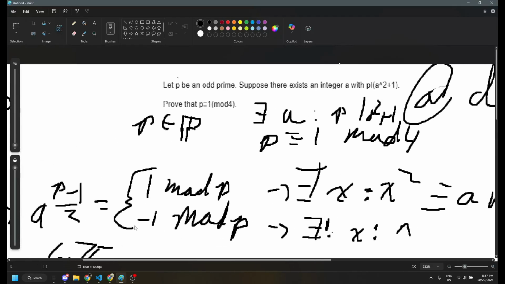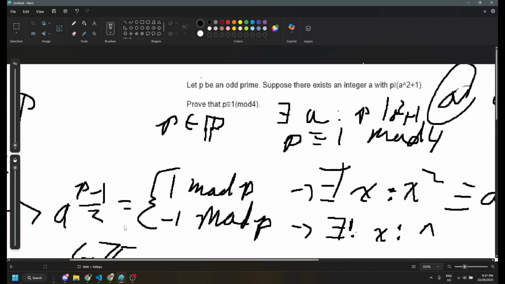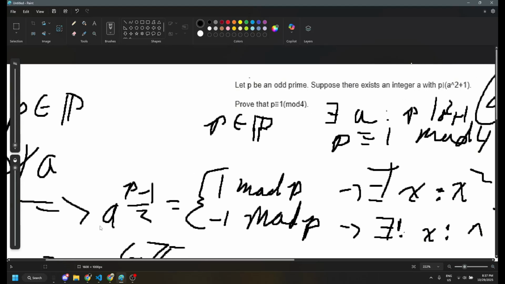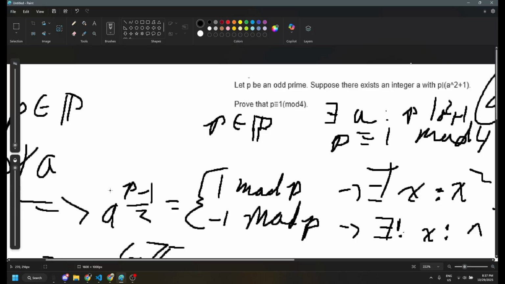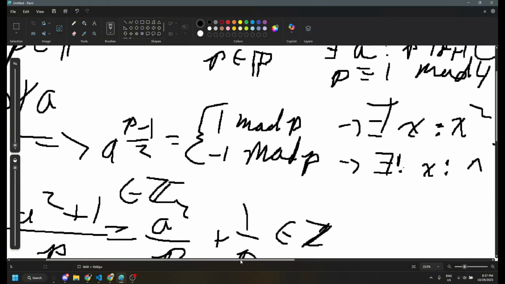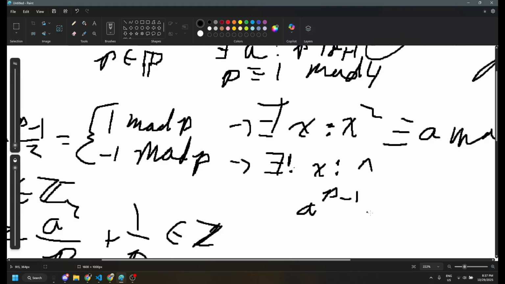So I have a feeling that we need to use mod 4 here, because we need A to the P minus 1 mod P. No, we don't need that. We can do whatever we want with this. We just need to plug the numbers in, but we can manipulate this however we want. And then eventually, that will lead to 1 or negative 1 mod P. Okay, that makes sense.